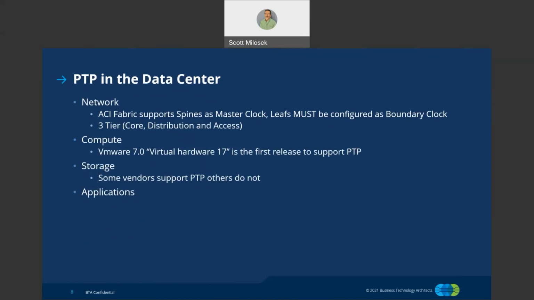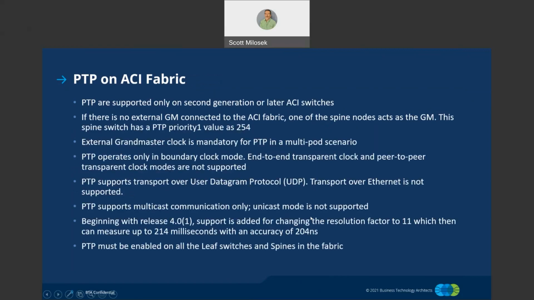I'll also point out that from a VMware perspective, VMware started supporting PTP in VMware 7.0, virtual hardware version 17. That's where you'll find the support for the products that VMware supports for PTP.